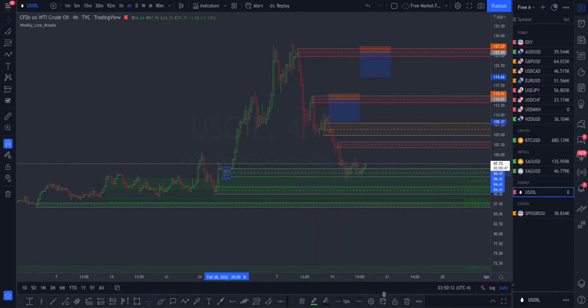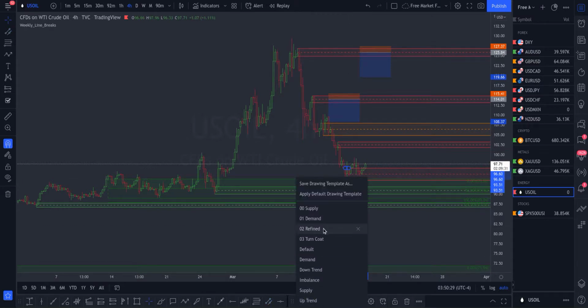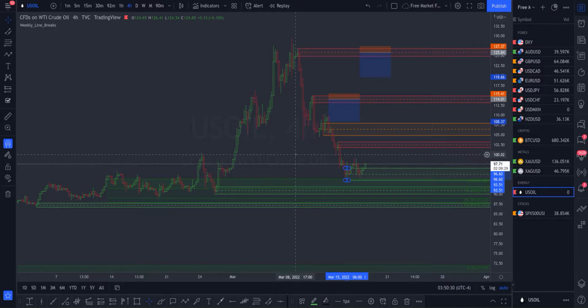All right, so again, we're kind of getting this play. This was actually taken out, and pretty much has been mitigated. And we have this new 4-hour demand. That price is kind of created, left, came back, mitigated the equilibrium, right, and is now pushed up.